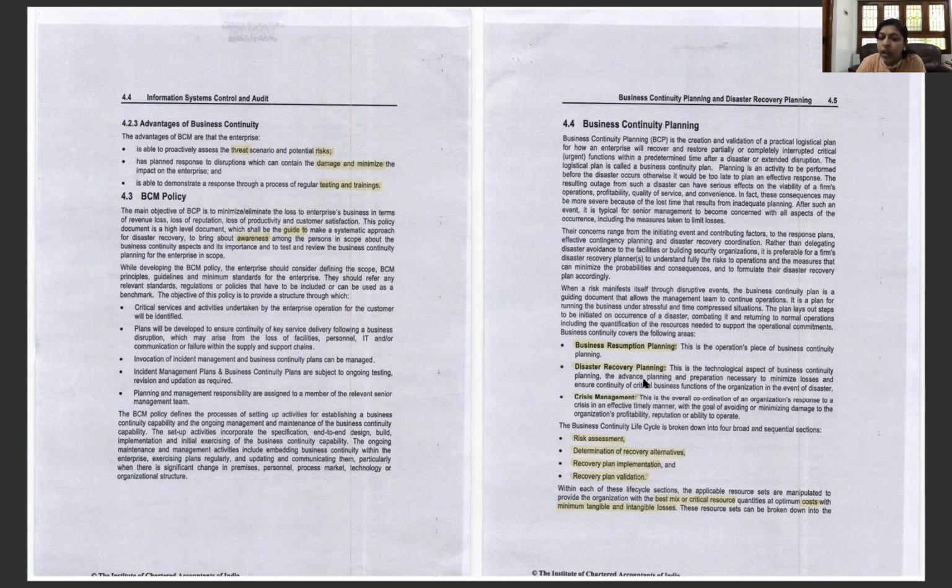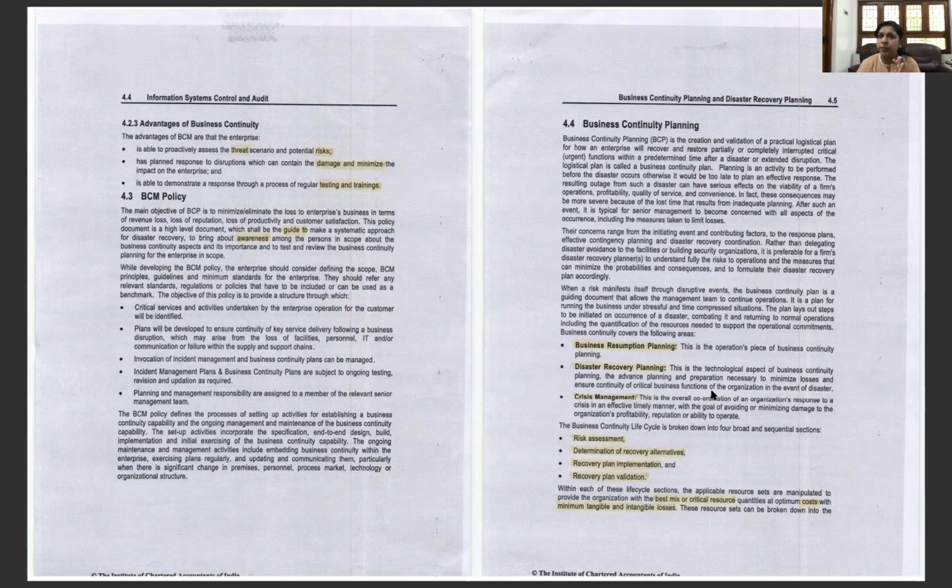And it involves the advanced planning and the prevention necessary to minimize the loss and ensure continuity of critical business functions of the organization in the event of disaster. So the main objective is to minimize the losses and ensure continuity of critical business functions.